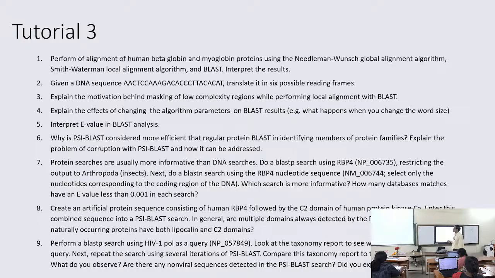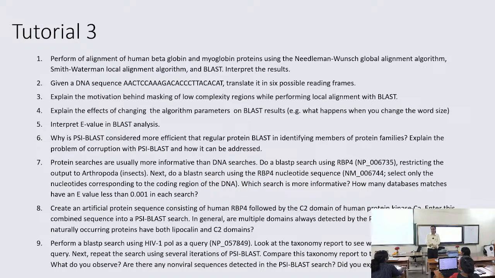Okay. Question number 5. Interpret e-value in BLAST analysis. So I say that the e-value is 10. Okay, what does it mean? Speak a bit louder. Why e-value 10?